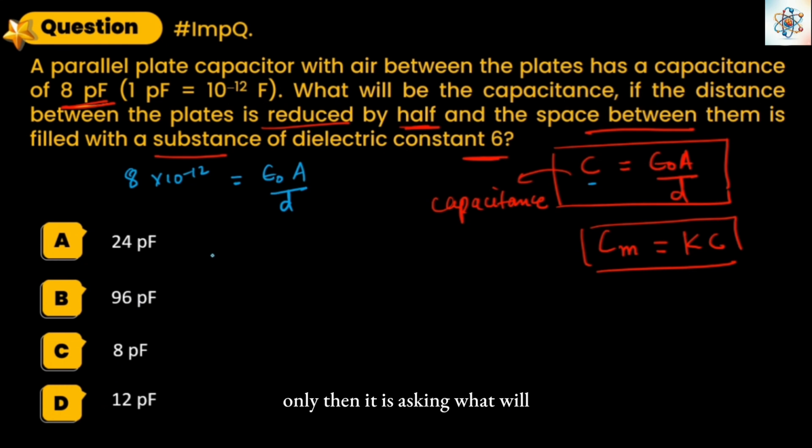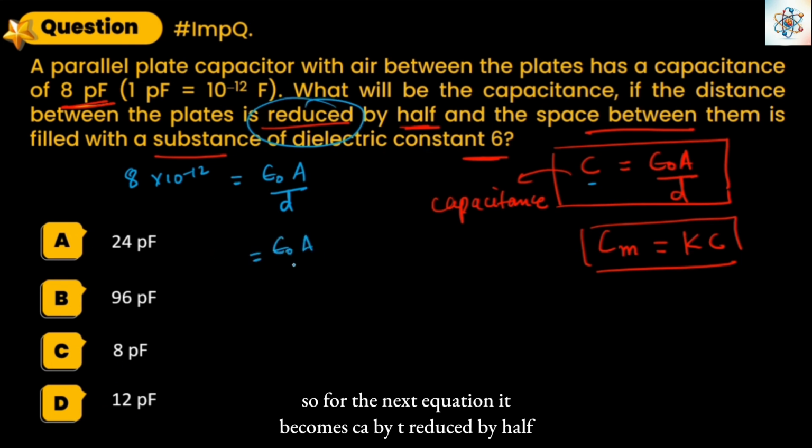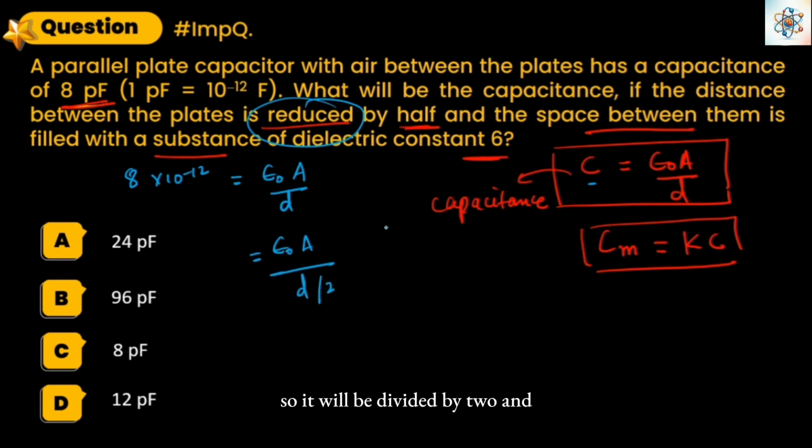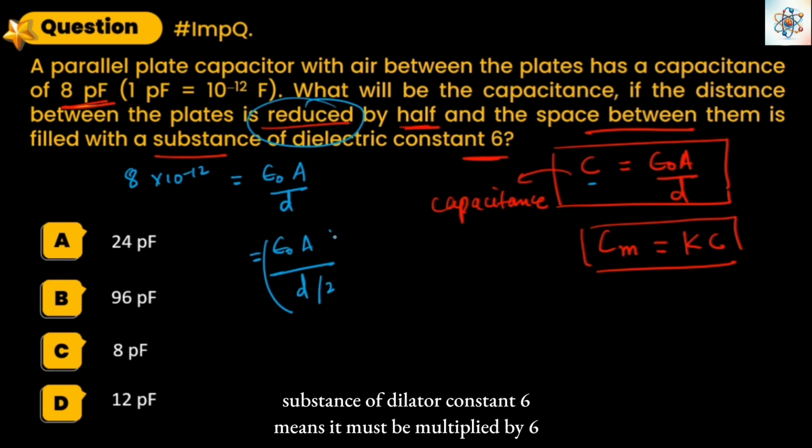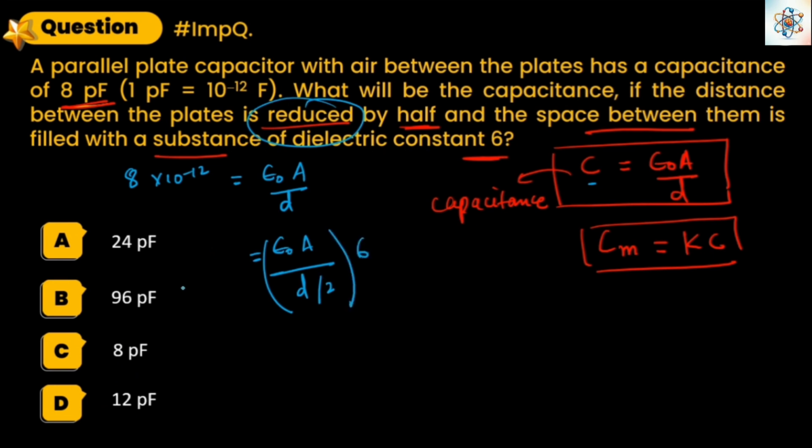Then it is asking what will be the capacitance if distance is reduced by half. So for the next equation, it becomes C equals epsilon naught A by D, reduced by half, so it will be divided by 2. And space between them is filled with substance of dielectric constant 6. Means it must be multiplied by 6. So let us write it and see how this factor changes.